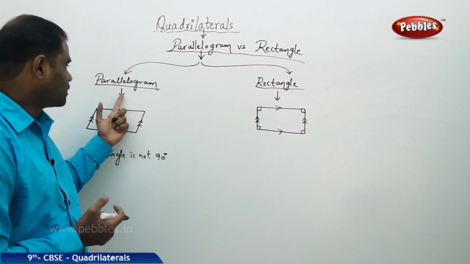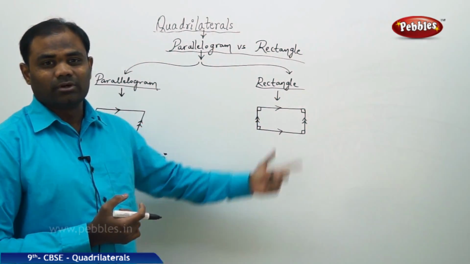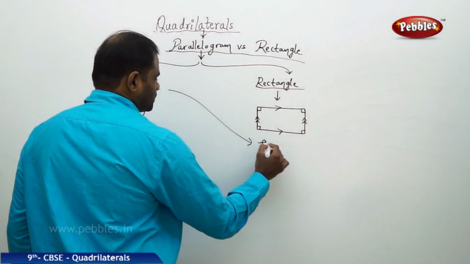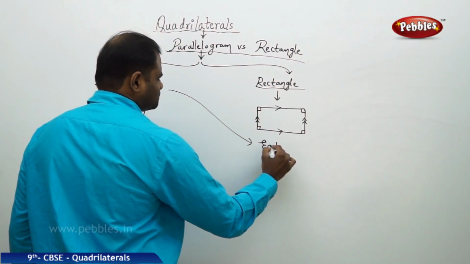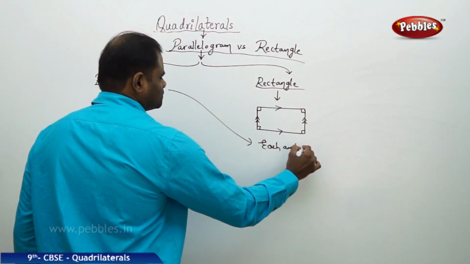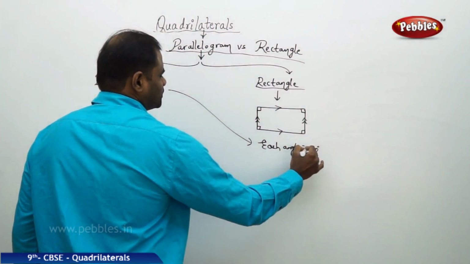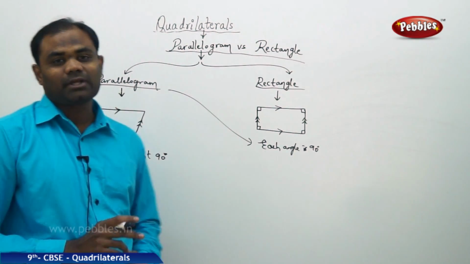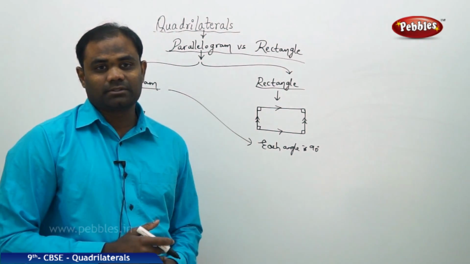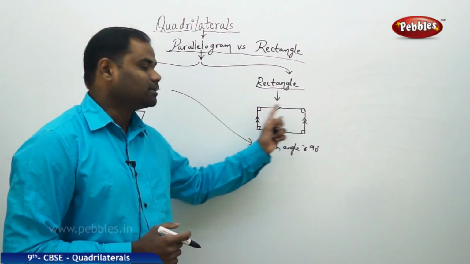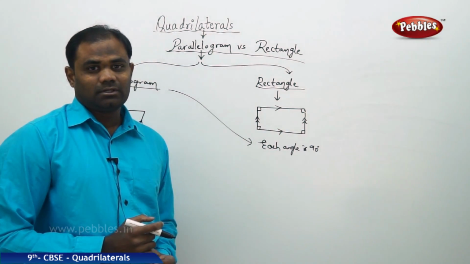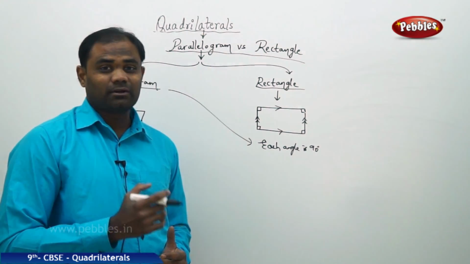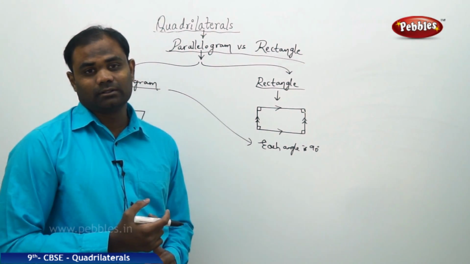But every parallelogram is not a rectangle because it fails with each angle, which must be 90 degrees. In parallelogram, each angle is not 90 degrees, but in rectangle, each angle is 90 degrees. So every rectangle is a parallelogram, but every parallelogram is not a rectangle.